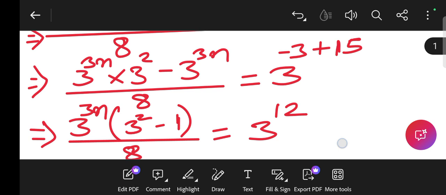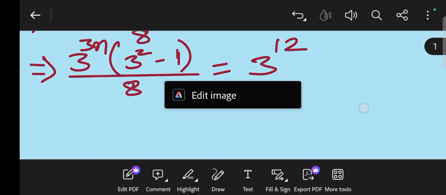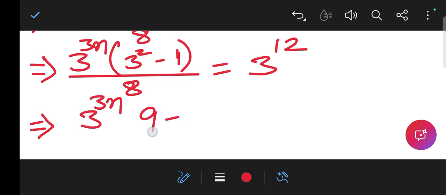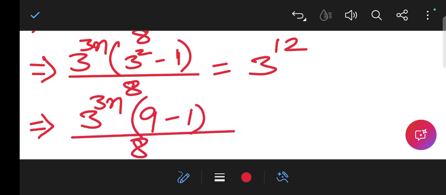Let's continue. We are almost done. Let's take out the final answer. 3 raised to the power 3n will again be like that only, and this 3 raised to the power 2 is going to be 9, then 9 minus 1, and this 8 we will leave as it is.